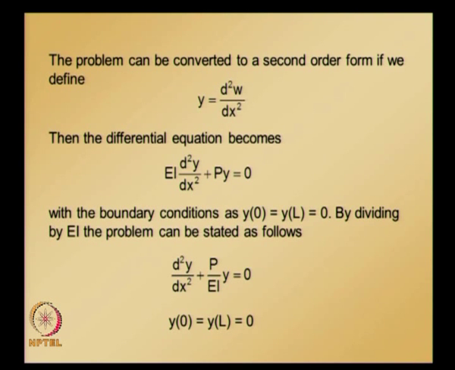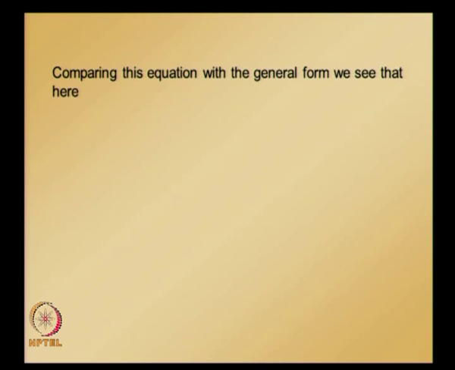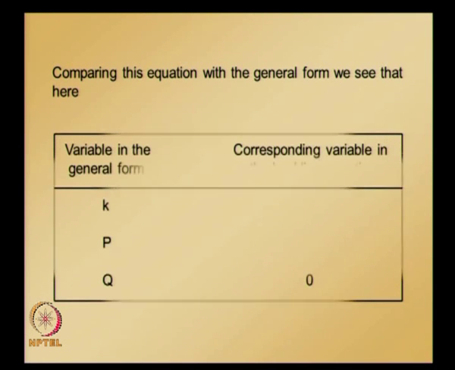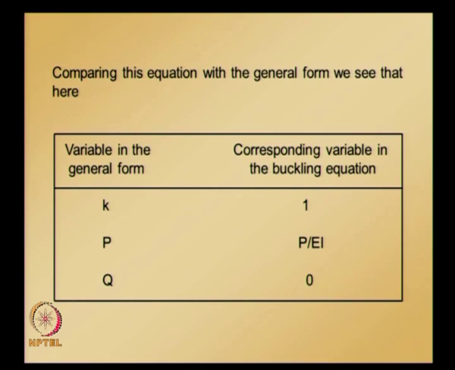Before we proceed further, we can make a comparison of both equations. Comparing this equation with the general form, we can identify the corresponding variables, and once we identify them, we can write the element equations.